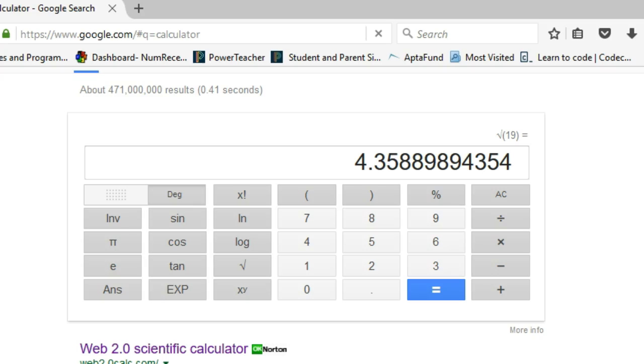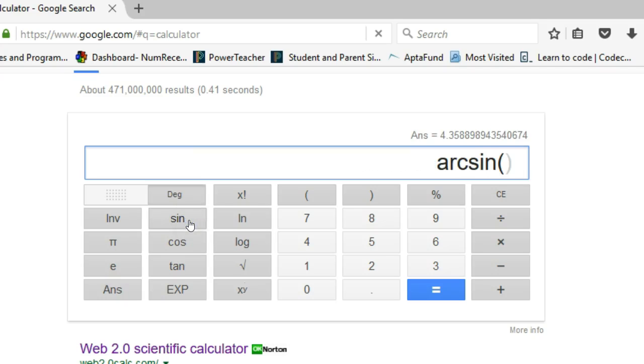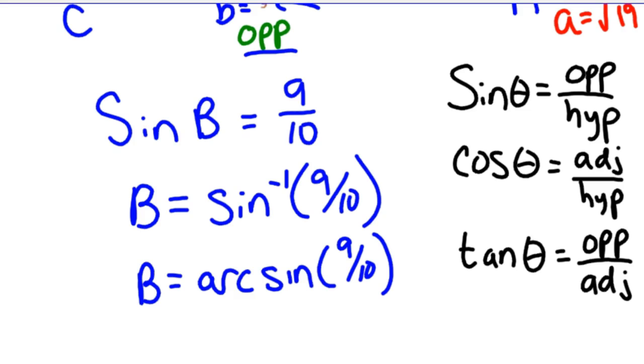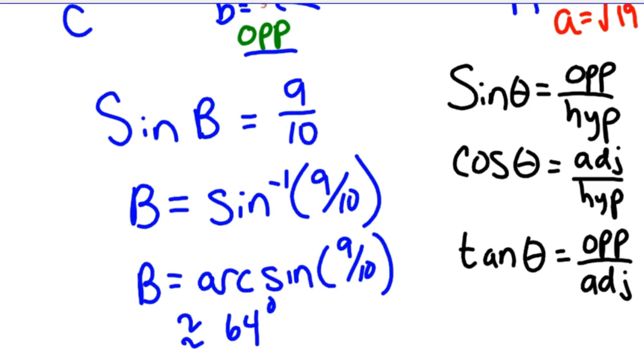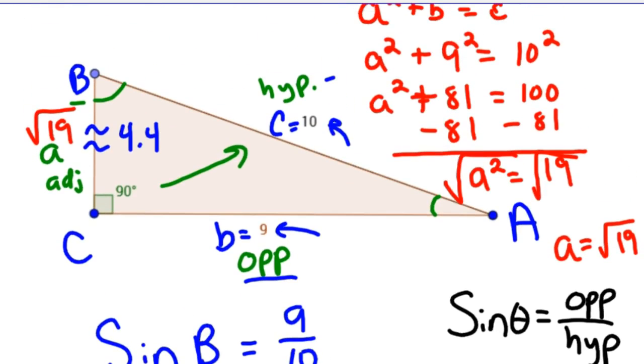On this calculator, you hit the inverse button, and it gives you sine to the negative 1, and I love how it says arc sine. Then it's 9 divided by 10. Close that parenthesis, hit equals, and about 64.2 degrees is angle B. So this is approximately equal to 64 degrees, rounded to the nearest degree. So angle B is 64 degrees.